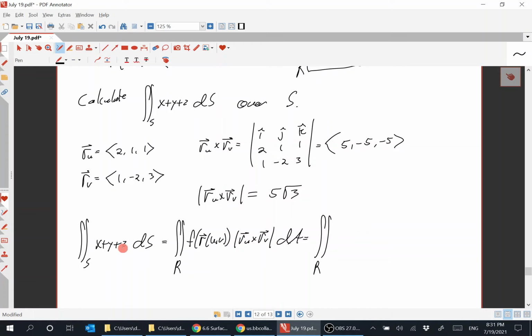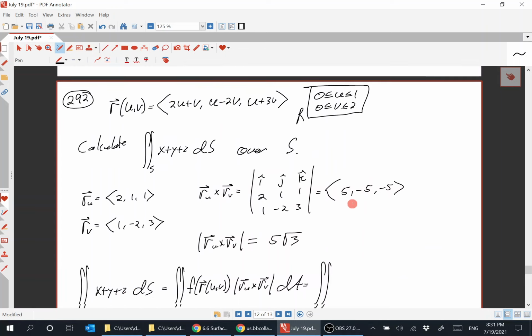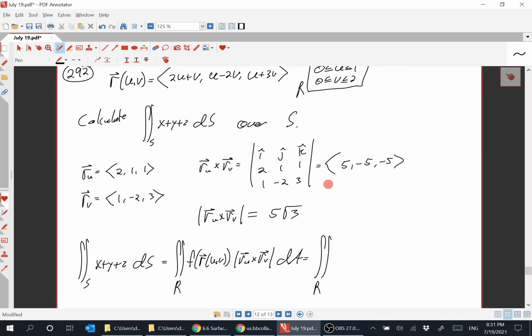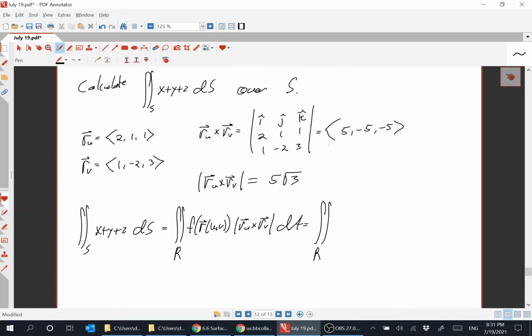So x plus y plus z, I guess we didn't calculate that one yet. Let's do that. So f(x, y, z) is equal to x plus y plus z.